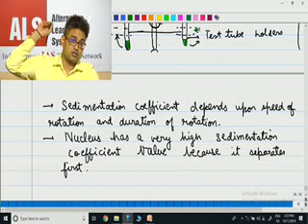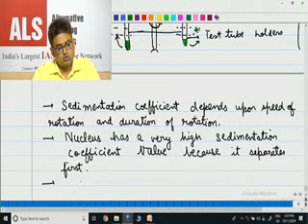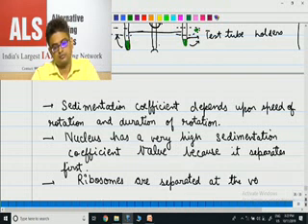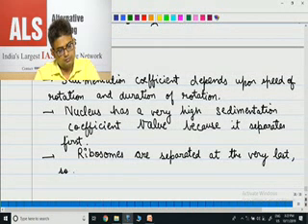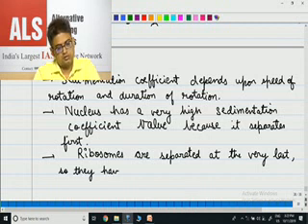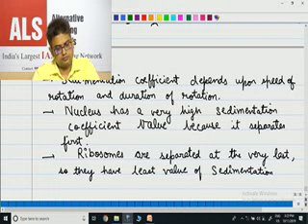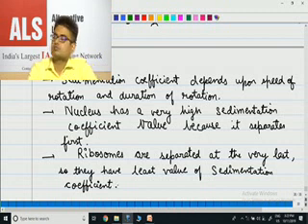Ribosomes are separated at the very last, so they have the least S value, the least value of sedimentation coefficient, right?